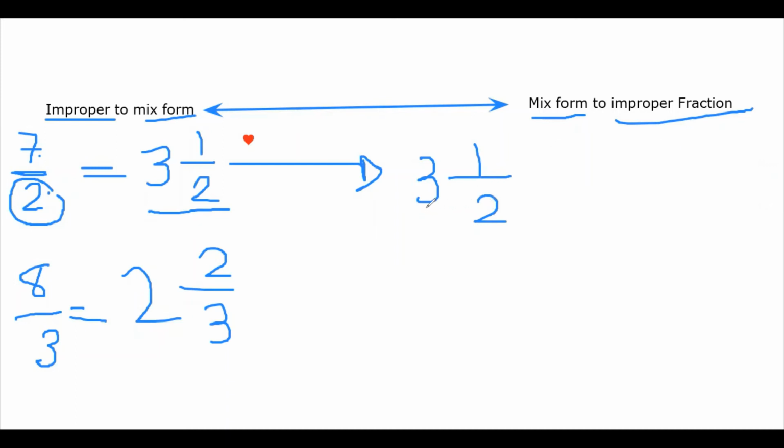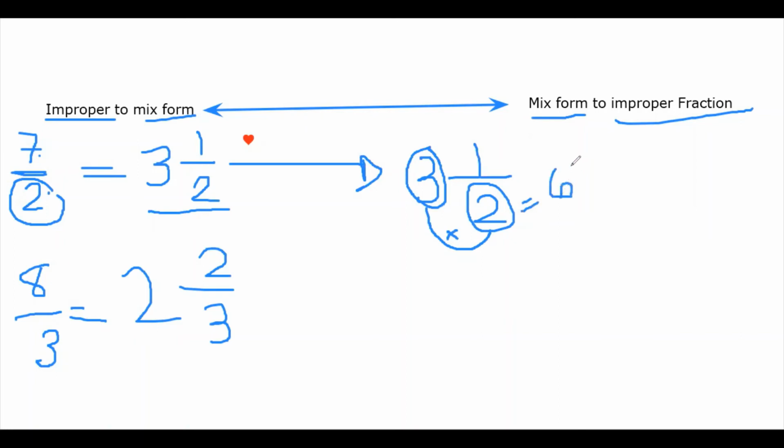Simple. The first thing you need to do is to multiply the whole number 3 by the denominator 2. So 3 times 2 is equal to 6.